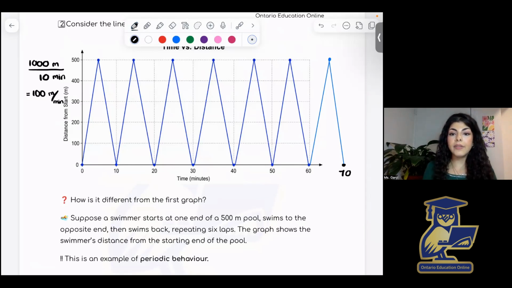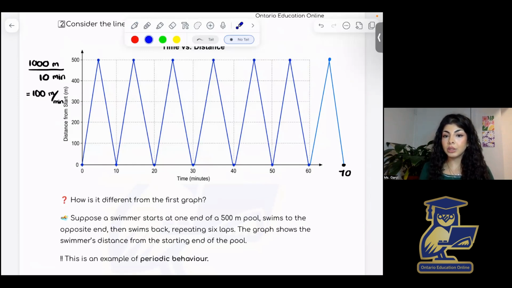So then it's 70 minutes of swimming, 7 laps, each one 10 minutes, and each one is 500 meters to the other side and 500 meters back. So this is that expected result that I would have based on the fact that this is a repeating function.